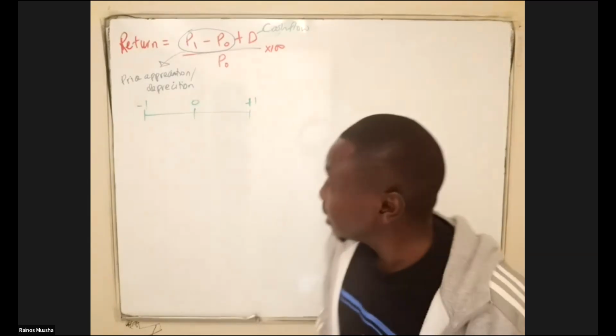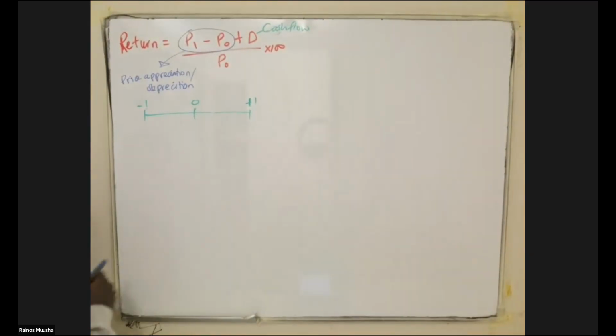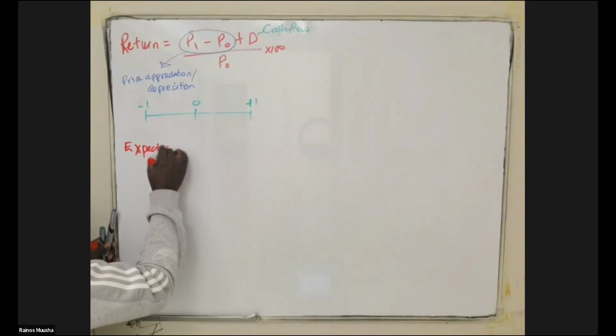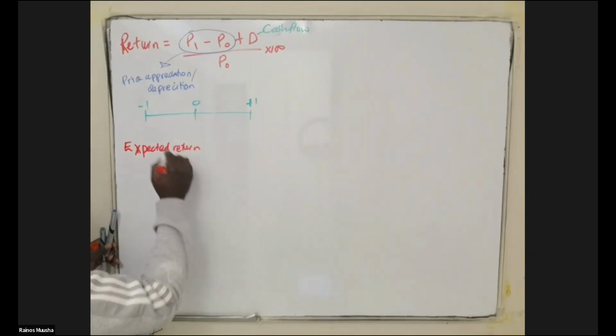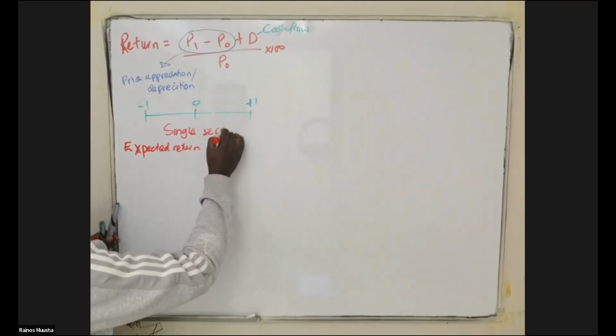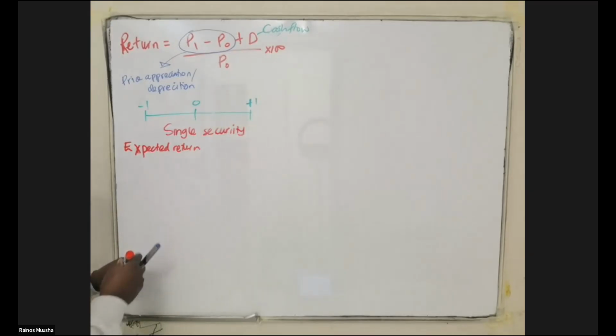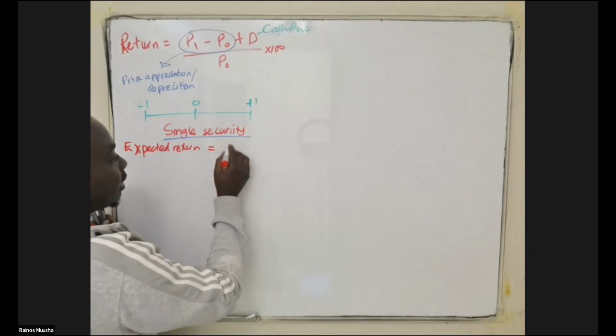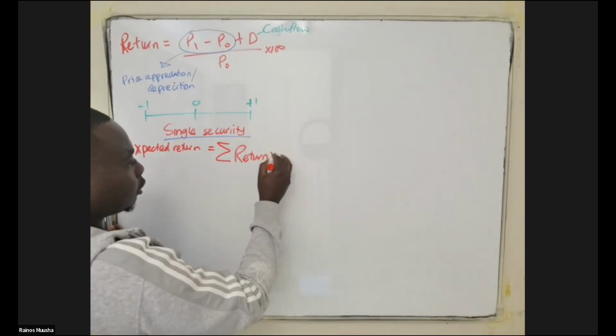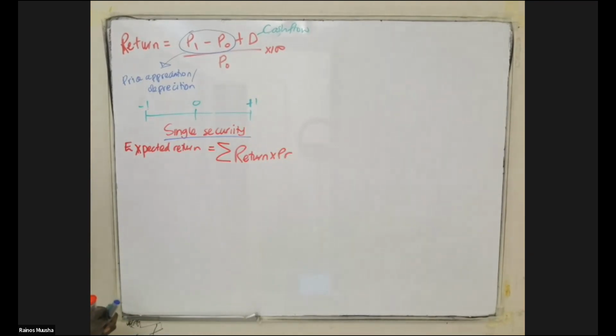So when you're assessing a single security, the expected return on that security is the sum of the return multiplied by the probability of that return.